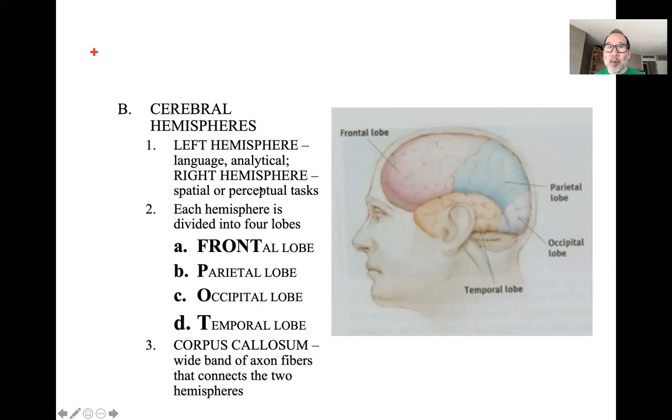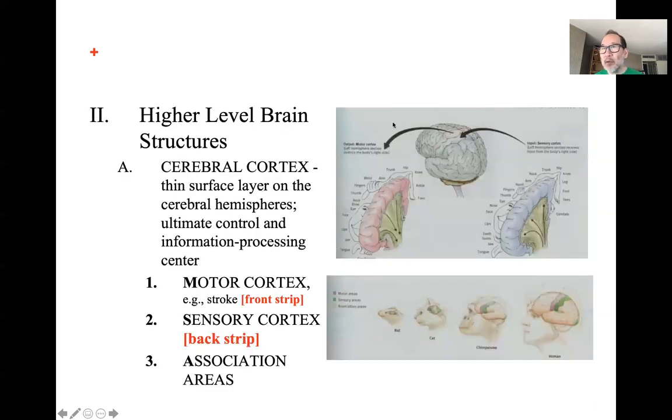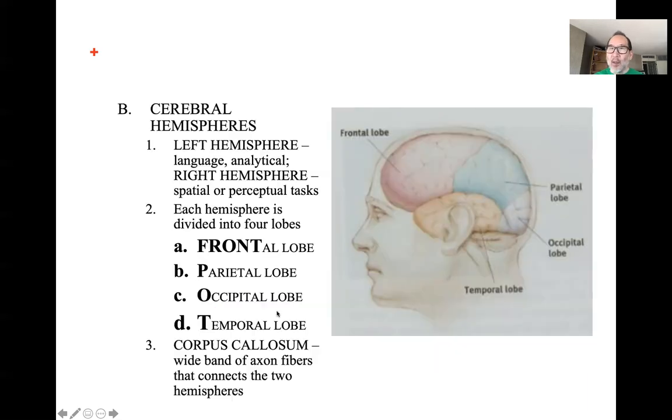The brain can also be divided into left and right hemispheres. So you can think of this as the left hemisphere, and then this other side, the right hemisphere. In most right-handed people, the left hemisphere is associated mostly with language functions, whereas the right is involved in more spatial perceptual tasks.